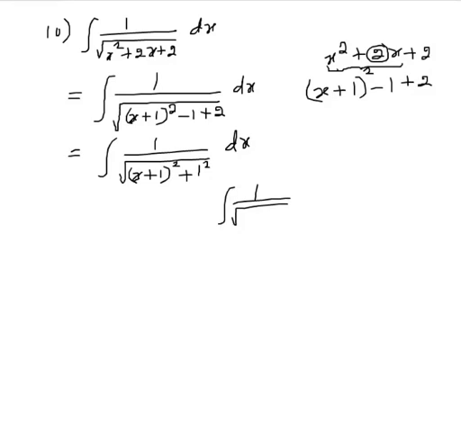Integral 1 divided by root of x square plus a square formula. It is log of absolute value of x plus root of x square plus a square plus c.